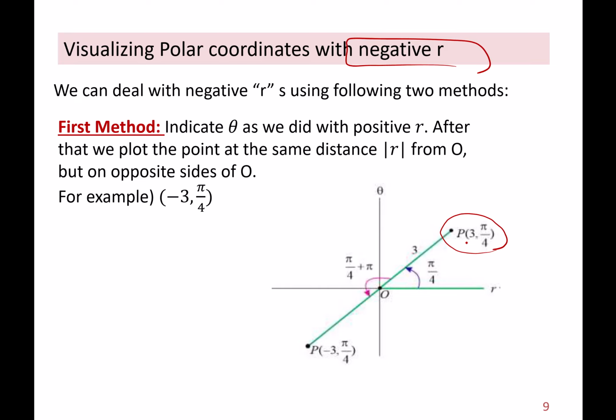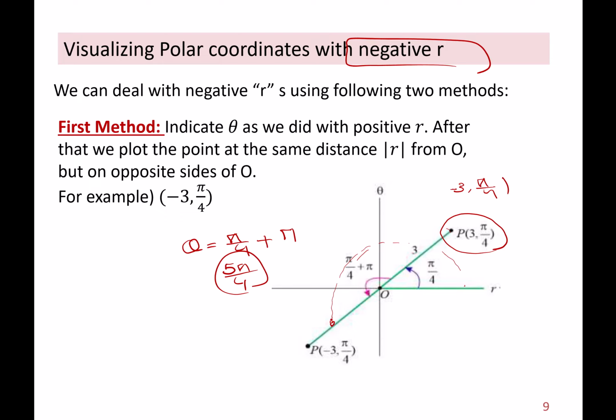Now if we change 3 to -3 with the same angle, (-3, pi over 4), we should go pi units further. For example, this is pi over 4, so theta equals pi over 4 plus pi, which equals 5 pi over 4. So we will go in here, from here.